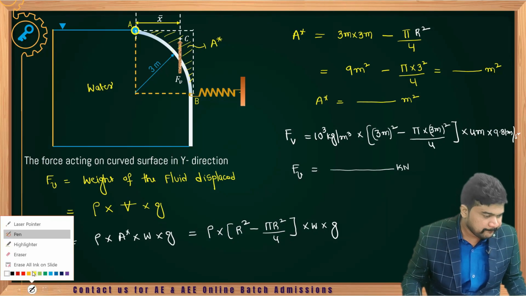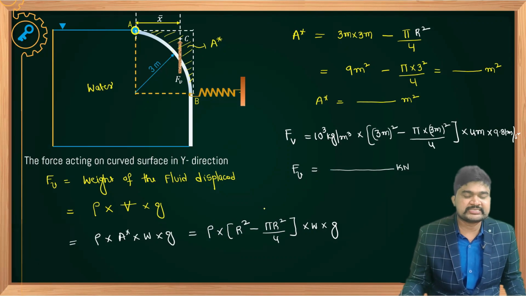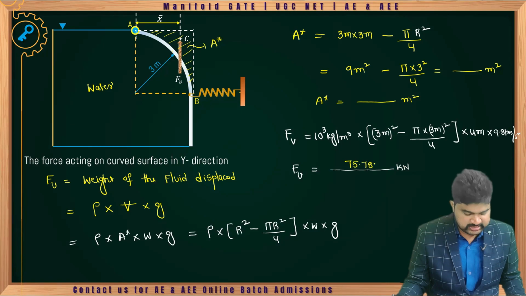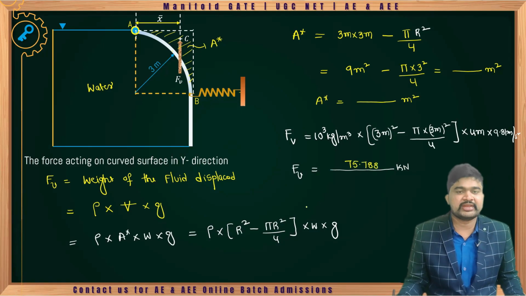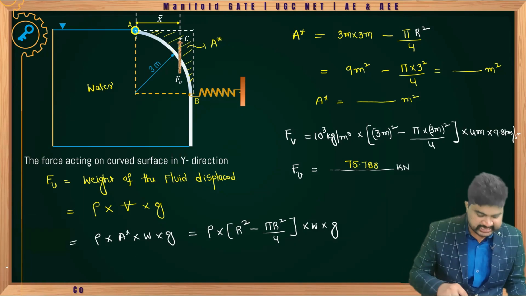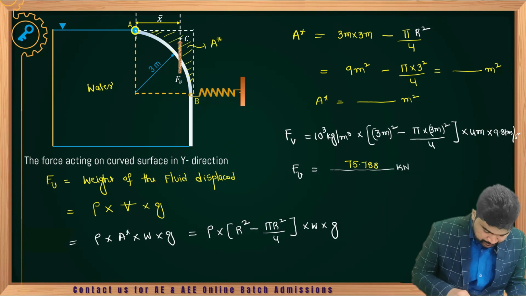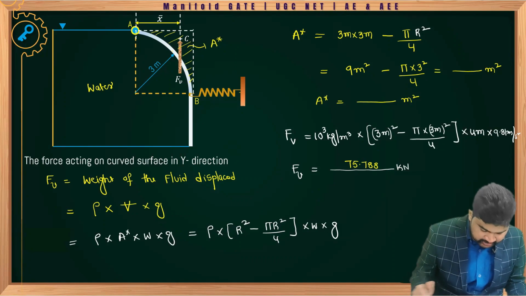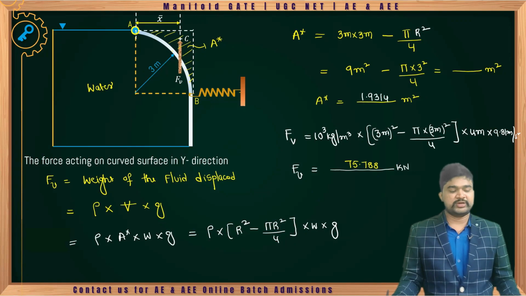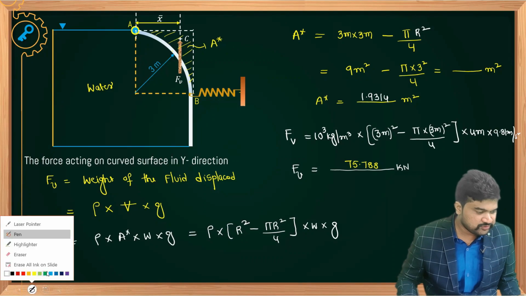Here you will be getting 75.788 kilonewton. What is A star? Tell me. What is A star? Into 9 by 4 plus 9. 1.9314 meter square. This is the value of Fv.